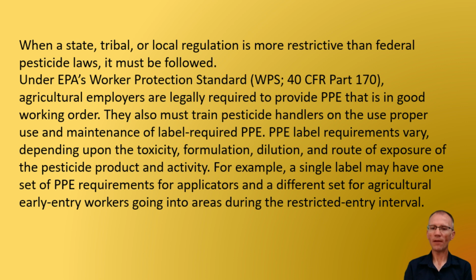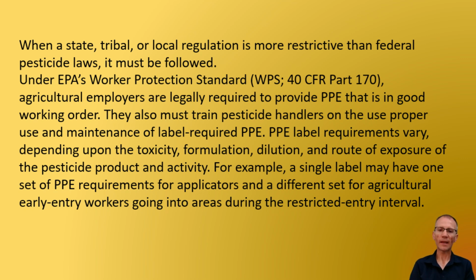PPE label requirements vary depending upon the toxicity, formulation, dilution, and route of exposure of the pesticide product and activity. For example, a single label may have one set of PPE requirements for applicators and a different set for agricultural early entry workers going into areas during the restricted entry interval.